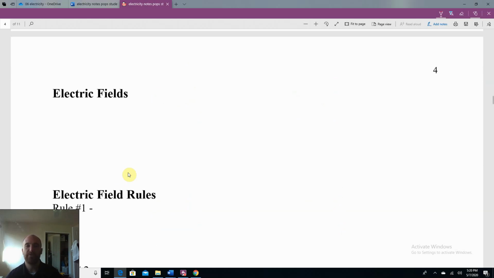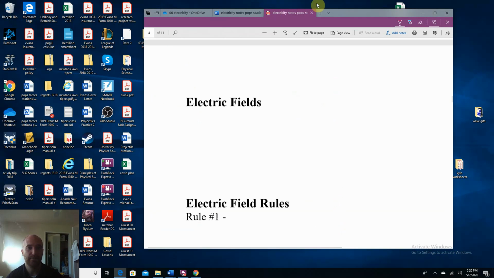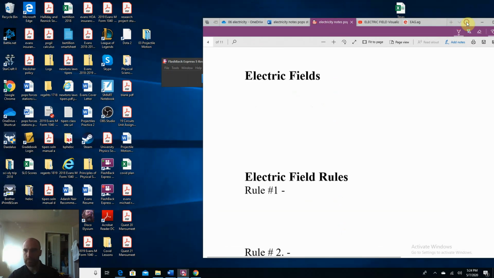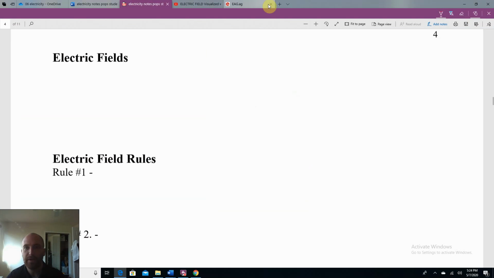Next up, electric fields. Alright, electric field. So what you have to be able to do here is draw the electric field in the space around an object. So let's start with what even is an electric field. A field is this sort of unique or unusual thing that we do in physics. A field is kind of like a "map", I'm going to put map in quotes because it's kind of a jump here.